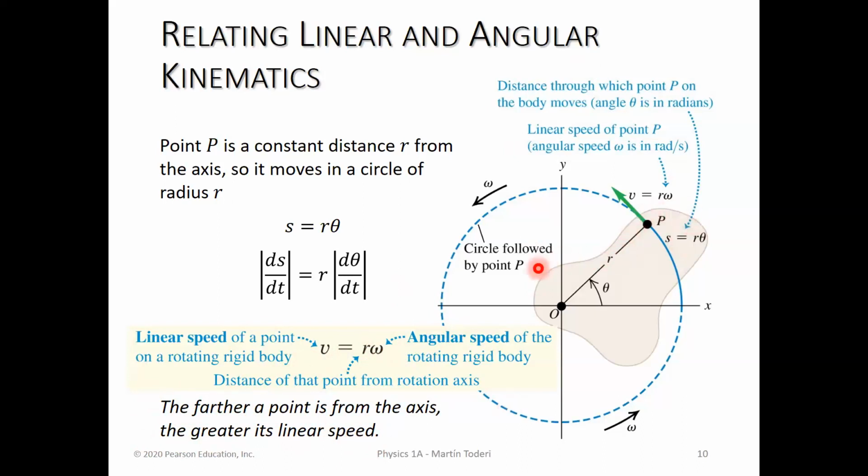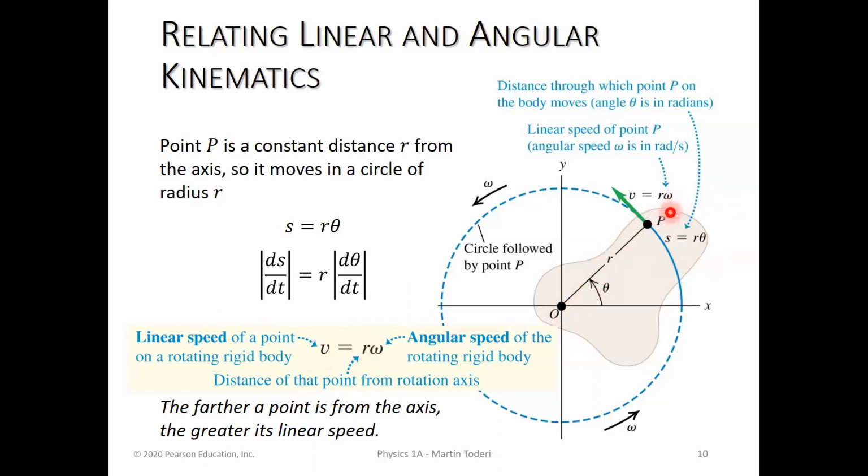Because this whole thing is rotating with a constant omega for each of the particles creating this rigid body, but the linear speed is not constant along that body, and it depends on the distance from the origin.